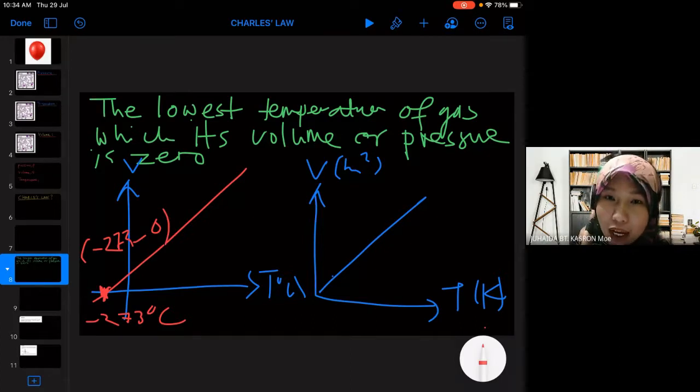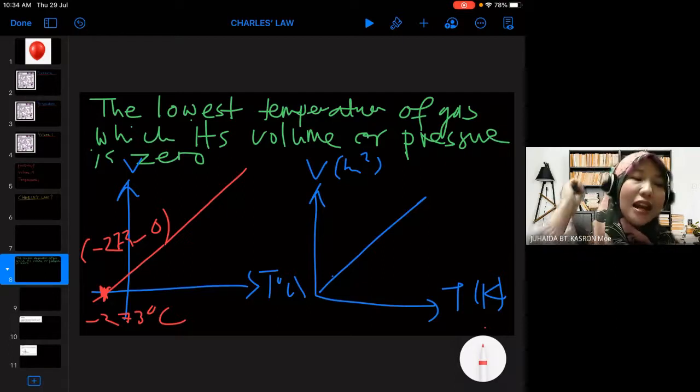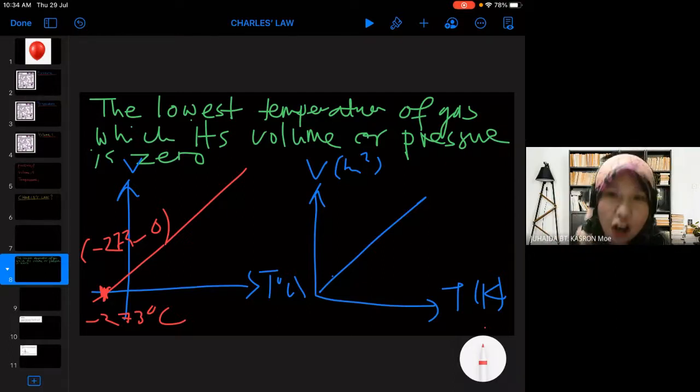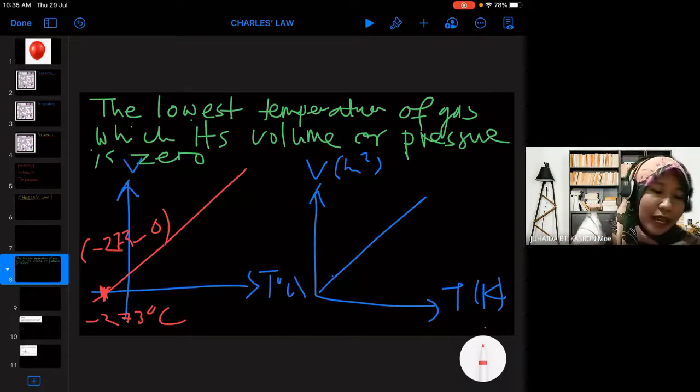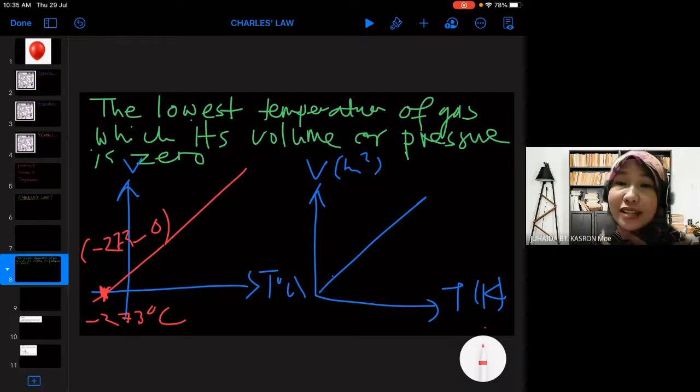So the absolute temperature is the lowest temperature the gas can be cooled down to, until the volume or the pressure of the gas is 0. That means negative 273 degrees Celsius is the lowest temperature the gas can go.